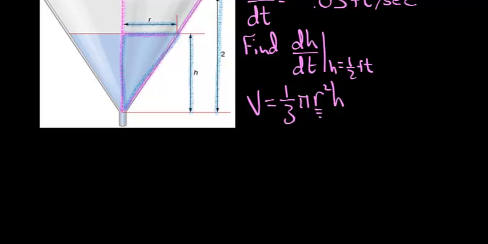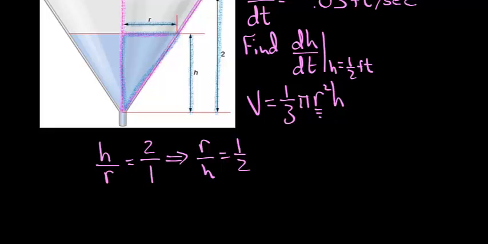Well, that's where this idea of the similar triangles comes in, because, look, we know that H is to R what 2 is to 1, right? Now, of course, it'd probably be better, since I want to solve for R, to write this as R over H equals 1/2.